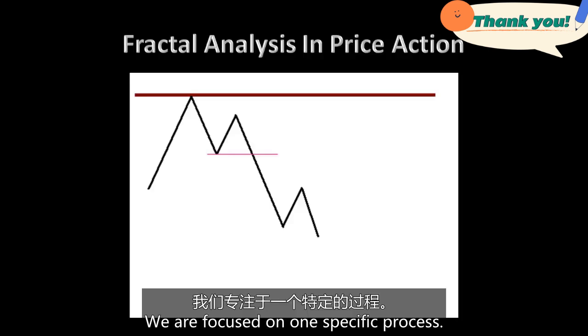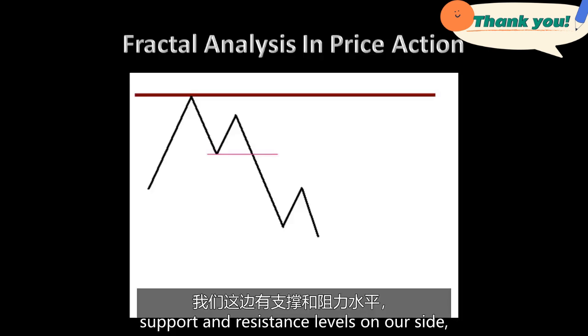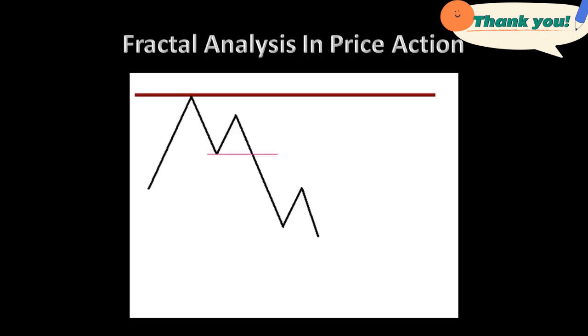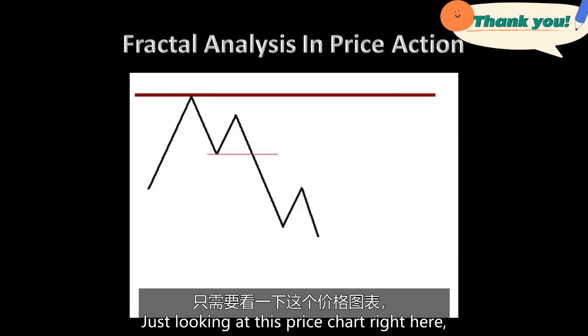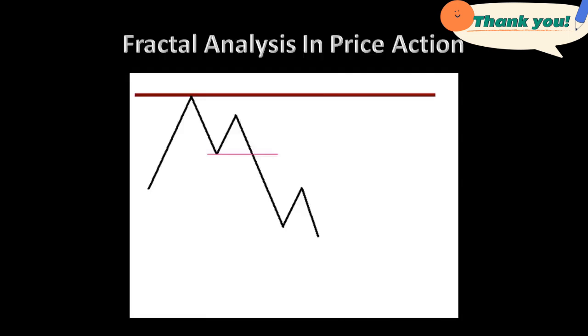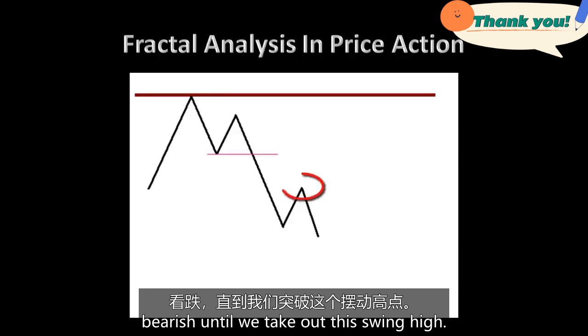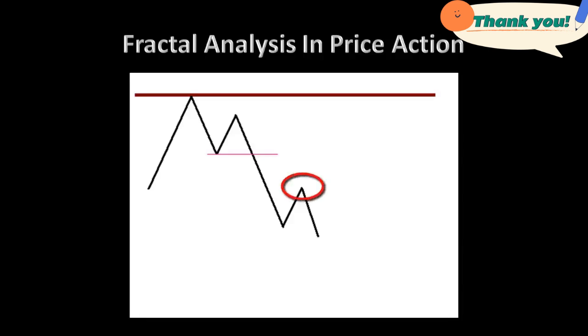We are focused on one specific process, and we have the higher time frame support and resistance levels on our side. We have the fact that we have broken market structure, market flows on our side. Because now think, just looking at this price chart right here, if this is a currency, market flow is still bearish until we take out this swing high.